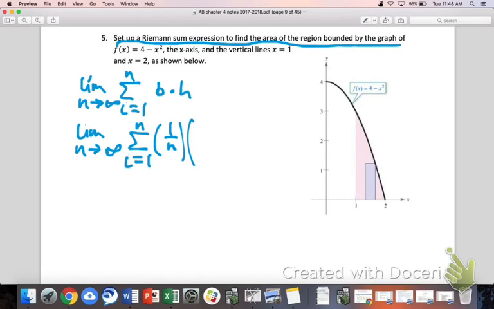The f of x, the curve. Yeah, I agree. So the curve is how tall? Oh, how tall is the curve? 4 minus x squared. Doesn't it kind of depend on what x is? And specifically 4 minus x squared? Yeah, so the height of the curve is going to be 4 minus input squared. So we essentially have it right here. If we can just fill in the correct input, we've got it.